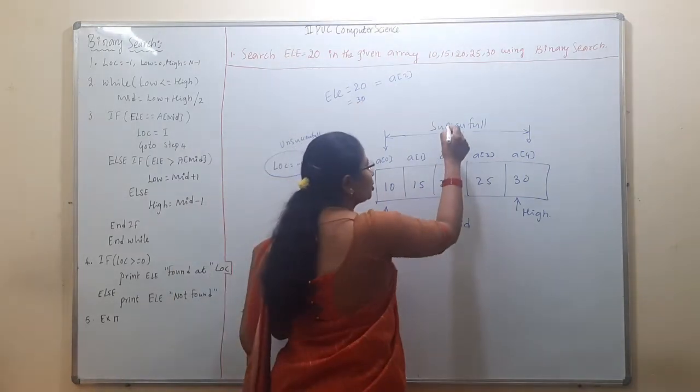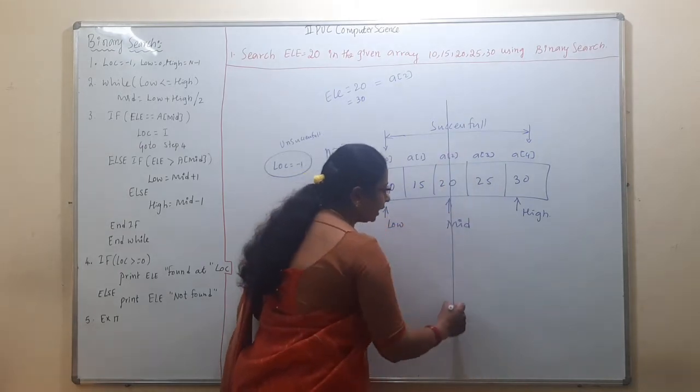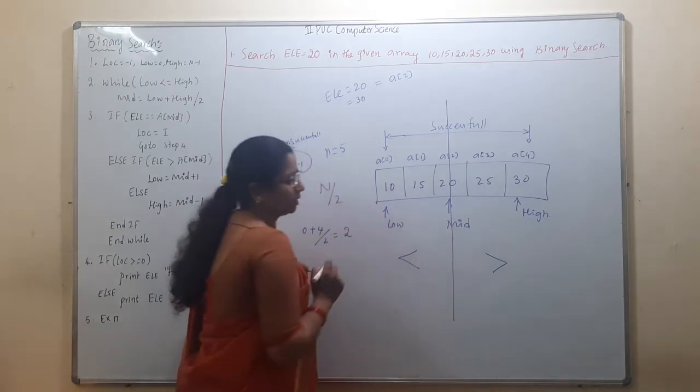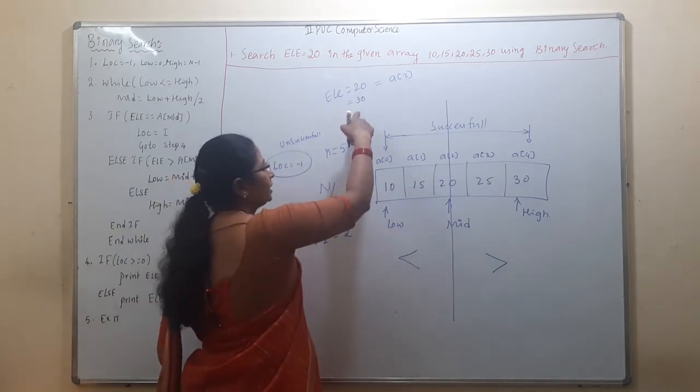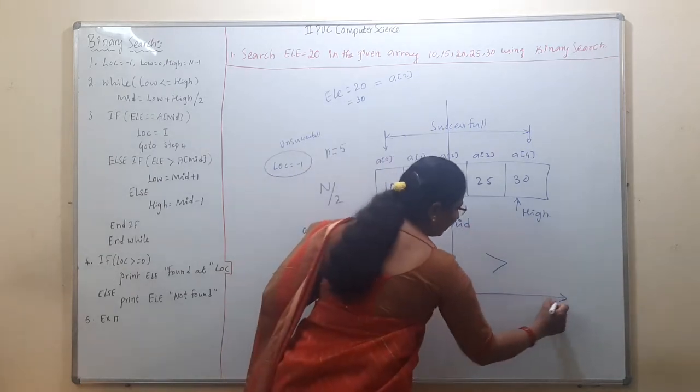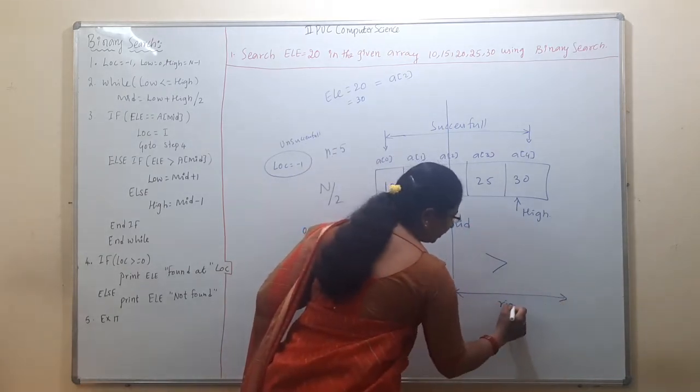No. Then I should check whether the element is greater than the mid or less than the mid. 30 is greater than the mid position, then I should traverse only the right hand side.